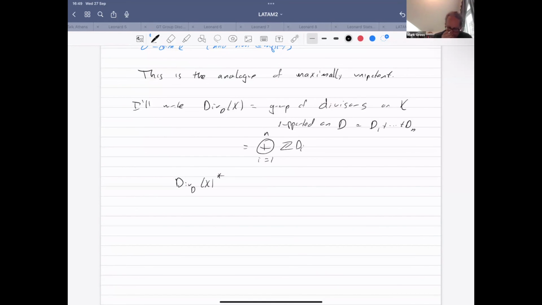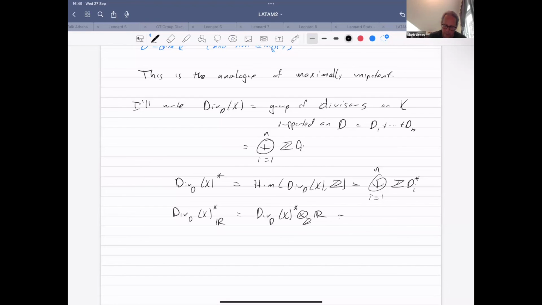This should look a lot like our setup for toric varieties. This is Hom(Div_D(X), Z), which I can write as the direct sum for i equal 1 to n of Z, and I'll use Di star for the dual basis. And then also I tensor with R to get a vector space.